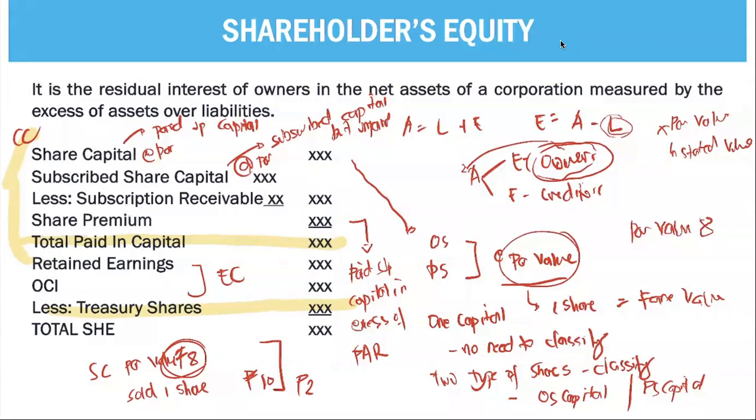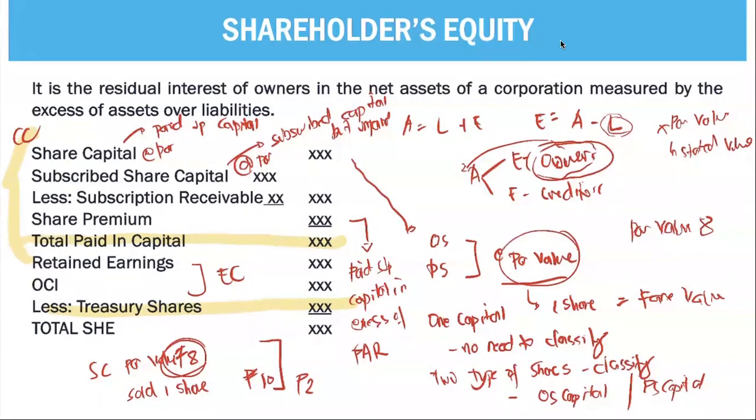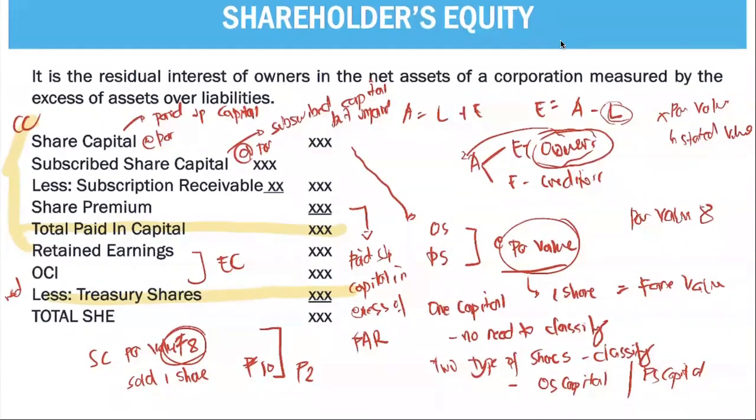So this is a reduction to the amount of your contributed capital. After that, we can now get your total SHE. So these are the items that we will discuss in your shareholders equity. What is the treatment among these items? As we go through, we must learn how to treat all of these items inside your total shareholders equity.